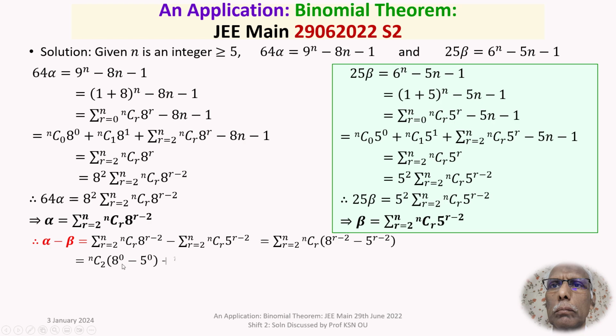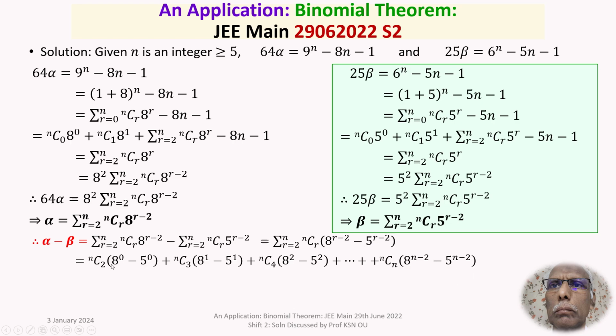So nC2, nC3, nC4, that is r is equal to 4, nC4, 8 to the power of 4 minus 2, 8 square minus 5 square, plus so on and so forth. At the end, for r is equal to n, it will be nCn into 8 to the power of n minus 2 minus 5 to the power of n minus 2.